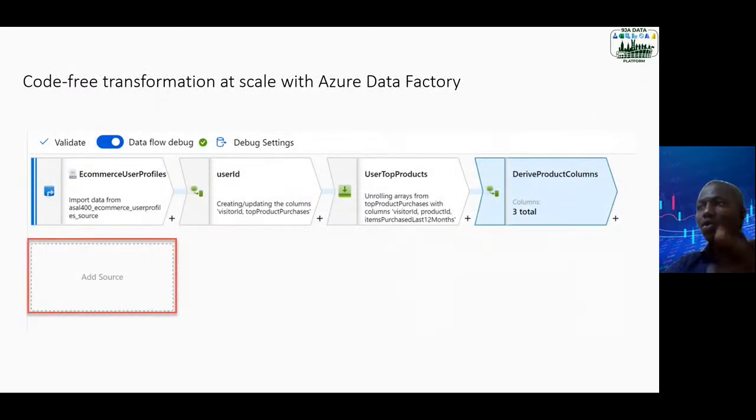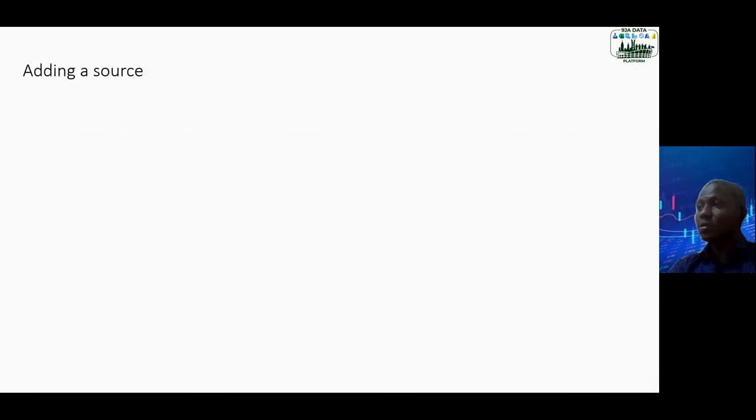We also have code-free transformation at scale with Azure Data Factory. All you need to do is understand your data and what use case you want, then bring your data to the Data Factory. We are good. Connect your visualization tools, business continuity, or your data store.